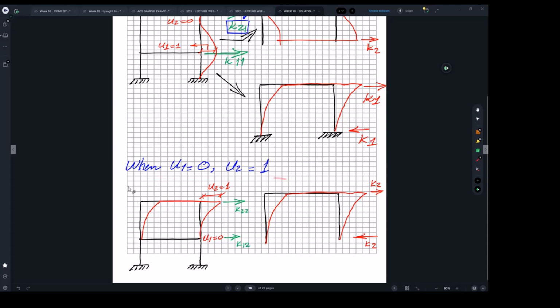doing here. So when the floor at level 1 is 0 and at level 2 is unit, we have to imagine what shape you're going to have there. We already agreed here is 0, so you start from 0, and here you're going to have 1 unit displacement, so eventually you will have this shape, right? That's step number 1.